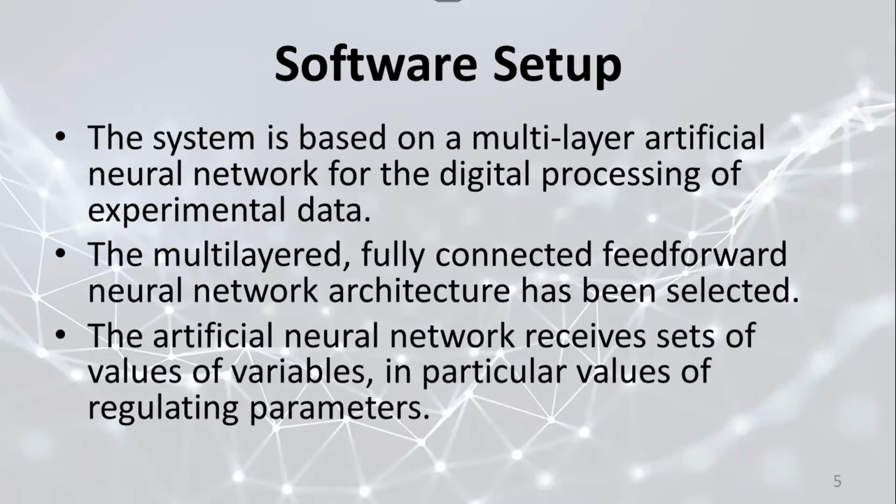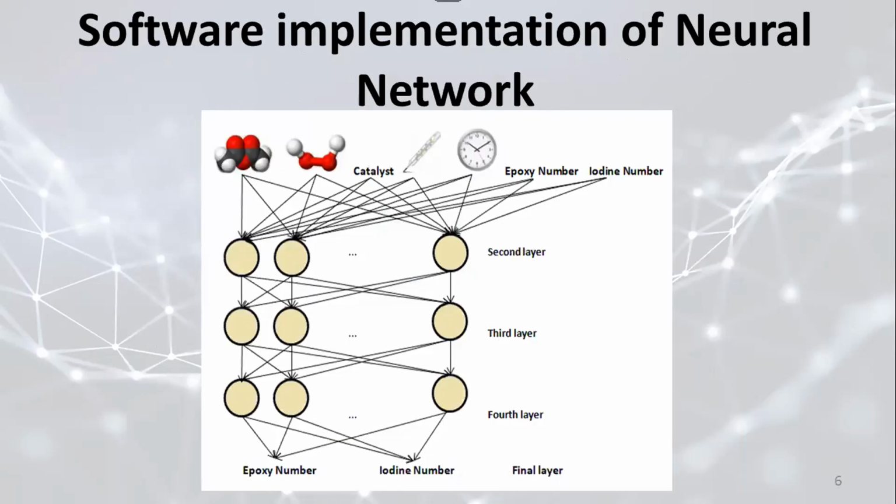A multi-layered, fully connected feed-forward neural network architecture has been selected for the predictions. The artificial neural network received sets of values of variables, in particular values of regulating parameters. A sample of data for neural network training was devised from the experimental results.